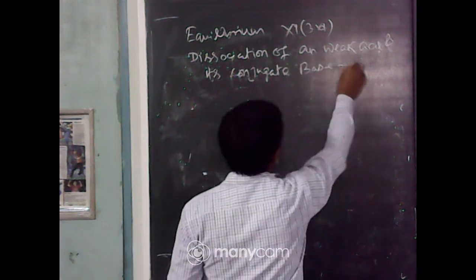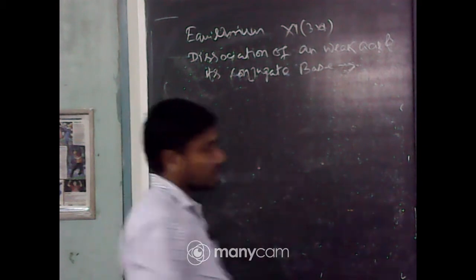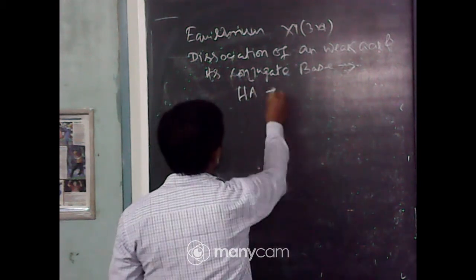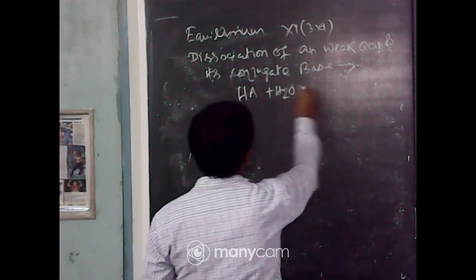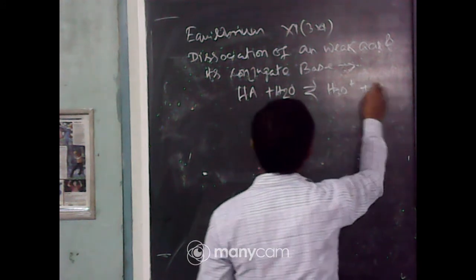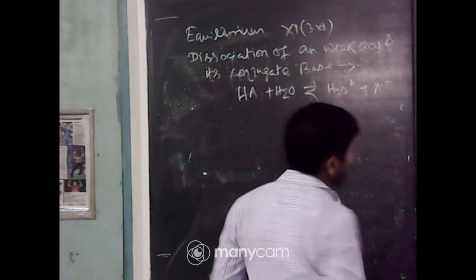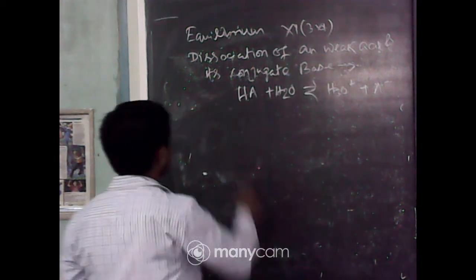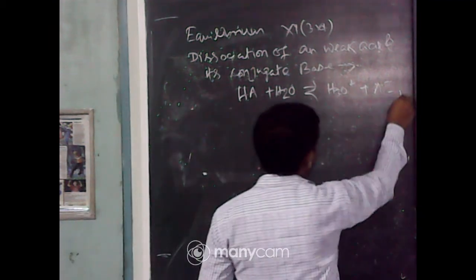Now, first of all, dissociation of a weak acid. HA plus H2O forming H3O plus and A minus. It is the dissociation of a weak acid, that is HA. It is equation 1.